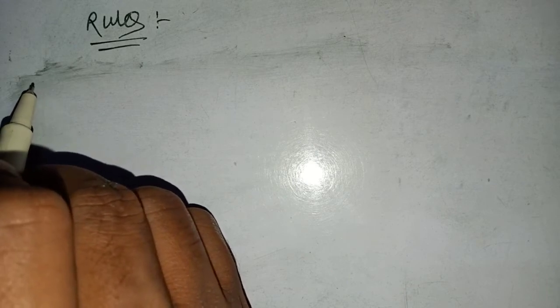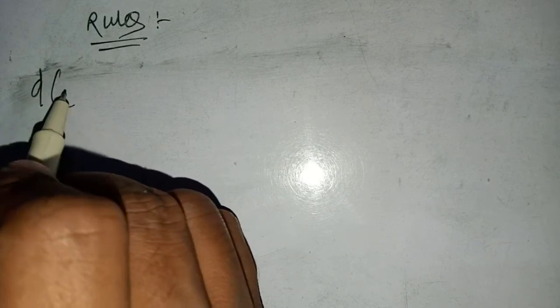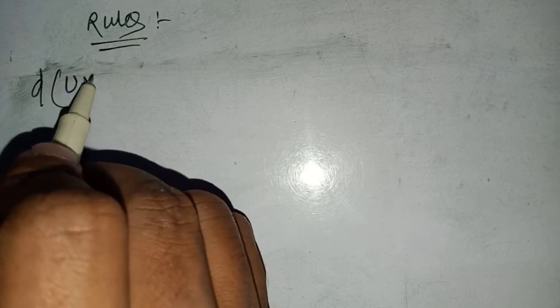Okay, next comes rule number 4. Actually, one more rule before 4, one more rule regarding three functions. For example, there are 3 functions, u, v, w.